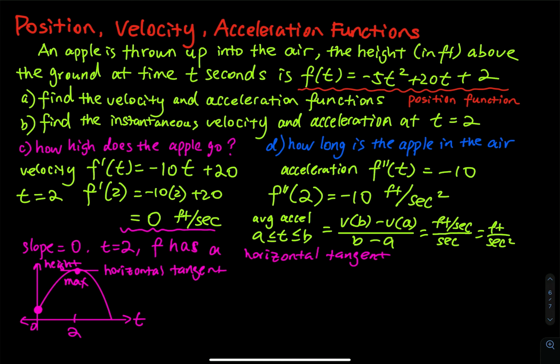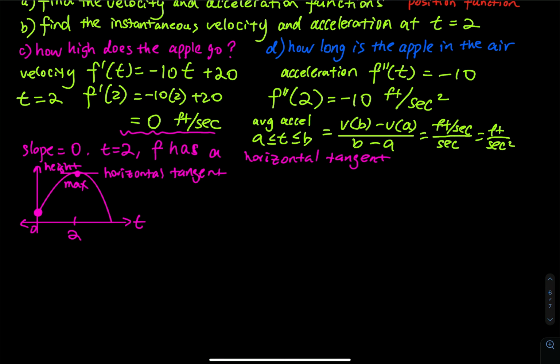So here is how. You write the first derivative one more time. That is f prime of t equals negative 10t plus 20. We are looking for how high the apple goes. When the apple reaches the maximum, we have a horizontal tangent, so we have a slope equal to 0.